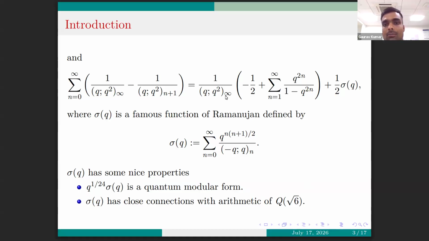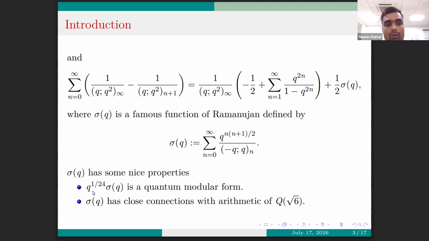And we have a similar structure in this identity also, where we have the divisor function at q^2 and this sigma(q) function, which is a famous function of Ramanujan, defined as this particular q-sum, q^(n(n+1)/2) over (-q)_n. Sigma(q) has some very nice properties, and it is very much studied.